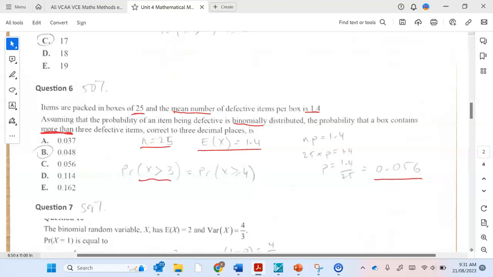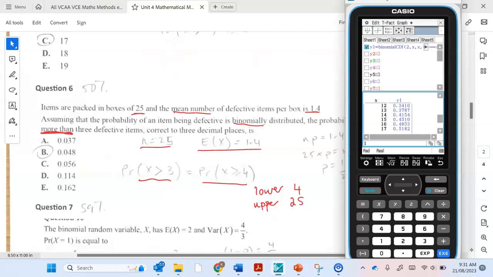If you feel like you're going to get stuck on this, make sure you highlight that and think, what are you actually finding? We want more than 3, so basically we want more than or equal to 4 because we're looking at discrete values. So our lower value is going to be 4, and our upper value is going to be 25, our value of n.